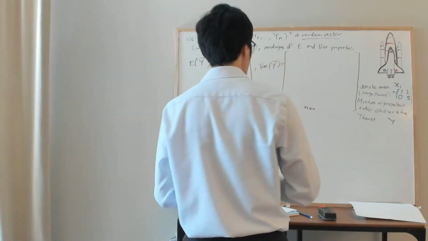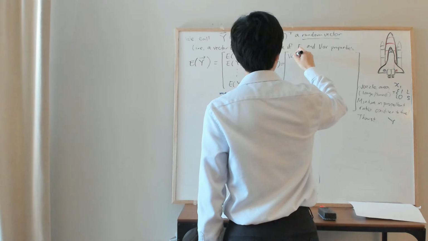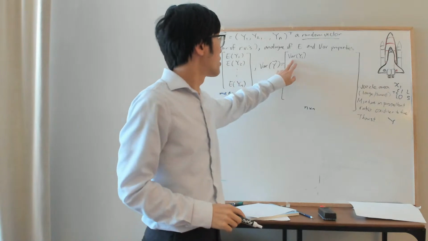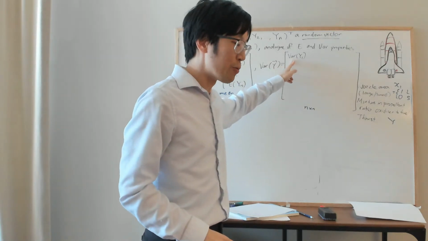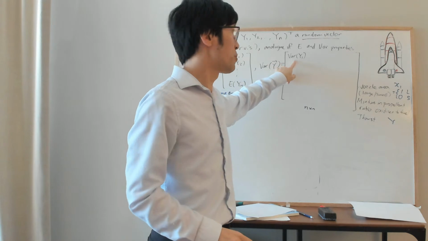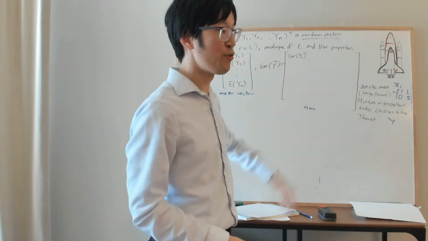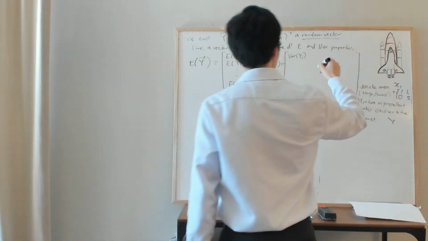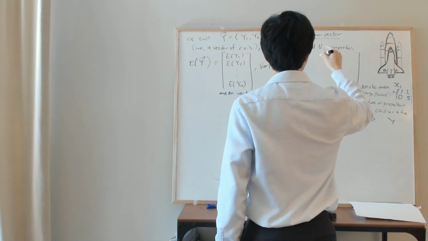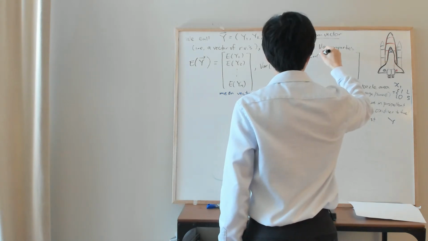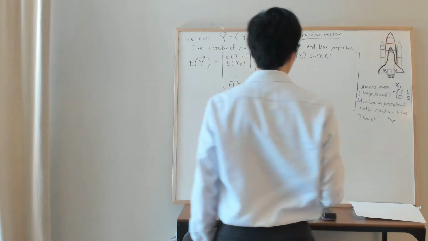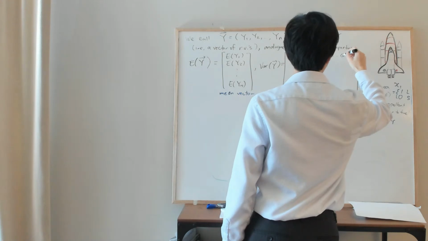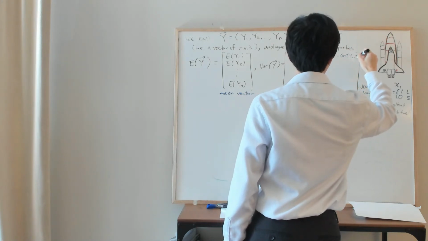Our first entry is variance y1, and strictly speaking, this can also be written as the covariance of y1 y1. But the covariance of a random variable with itself is simply its variance. So I'll write variance y1, and then the next entry would be covariance y1 y2, and so on, until the last one, covariance y1 yn.